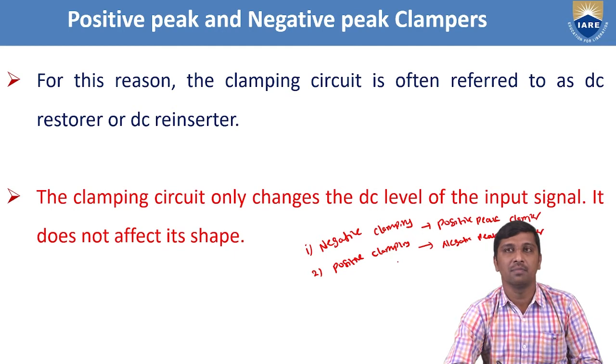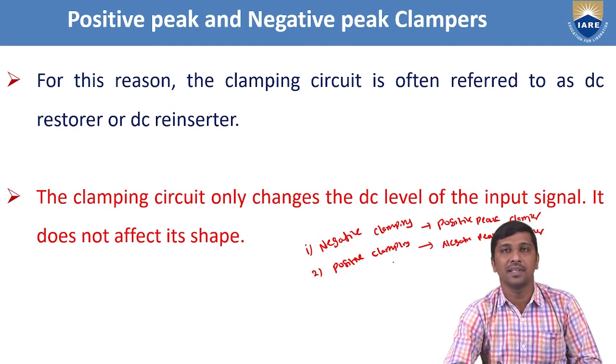We'll see one by one in detail why it is called a negative clamping or a positive clamping, or a positive peak clamper or a negative peak clamper. And one more point: this clamping circuit doesn't shape the waveform. It looks like your given input signal, but it only changes the DC level.